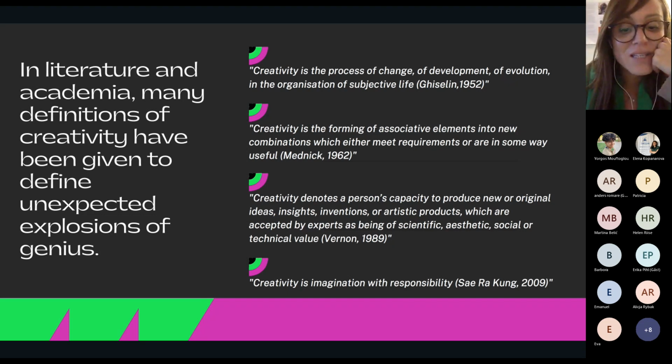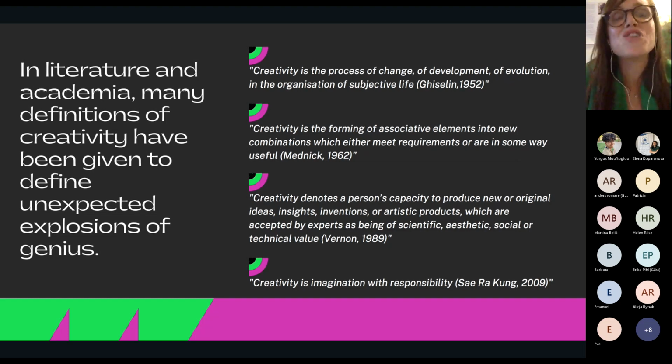Then we have: creativity is the forming of associative elements into new combinations which either meet requirements or are in some way useful. Then: creativity denotes a person's capacity to produce new or original ideas, insights, inventions or artistic products which are accepted by experts as being of scientific, aesthetic, social or technical value.